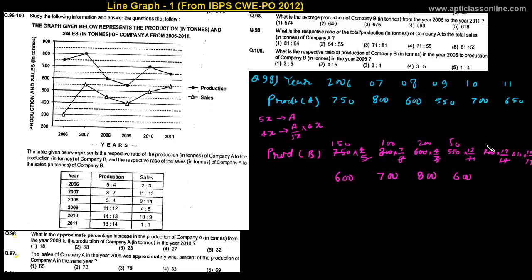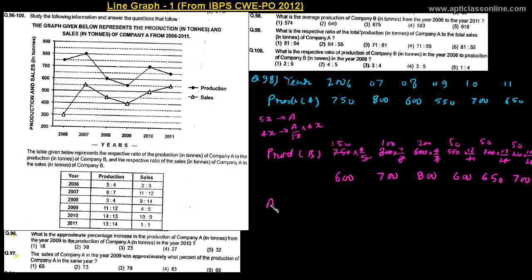Here 700 divided by 14 is 50, into 13, that is 650, and here 650 divided by 13 is 50. 50 into 14, that is 700. So these are the actual values of production of B in tons.